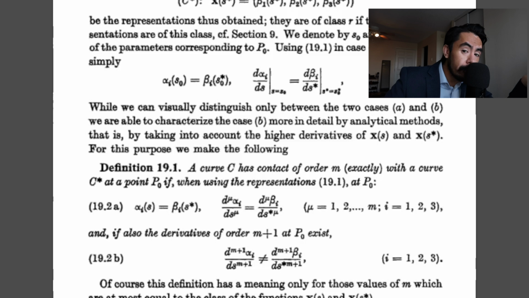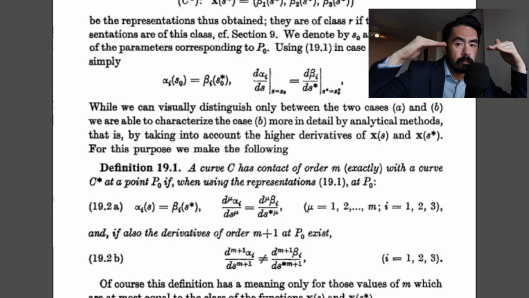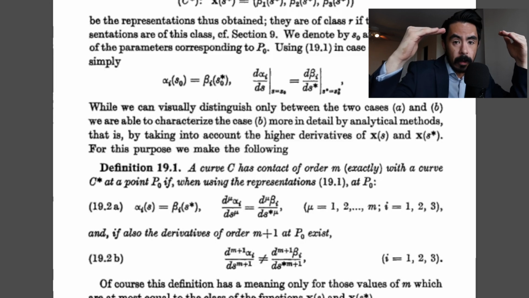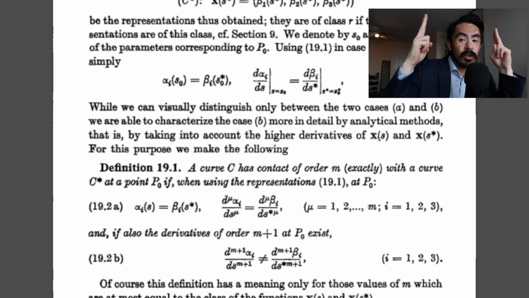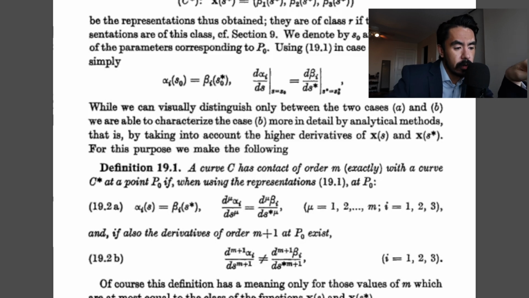However, the second part of the definition is that if you have the next derivative beyond the mth derivative, the m plus 1-th derivative, then these derivatives are not equal at the point of contact P naught.